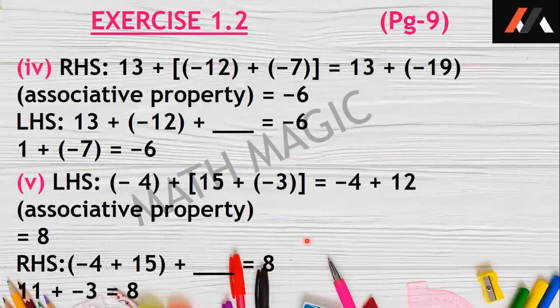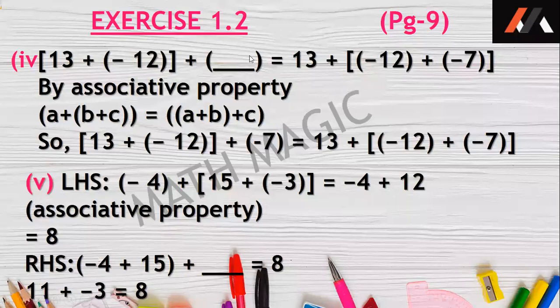Part 4. In the LHS, 13 plus minus 12 plus dash is equal to minus 6. Let's see.